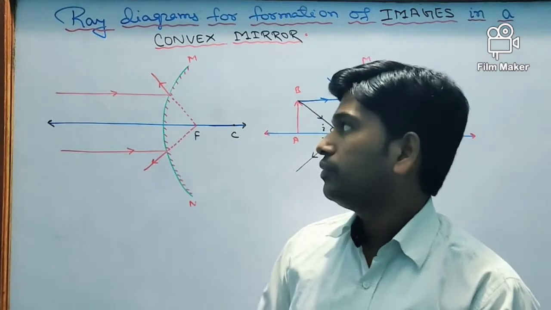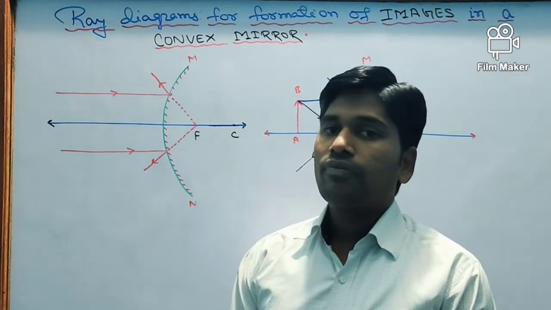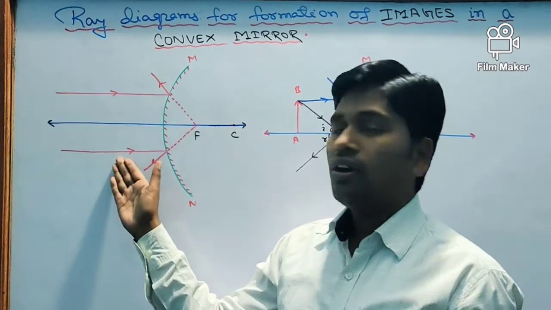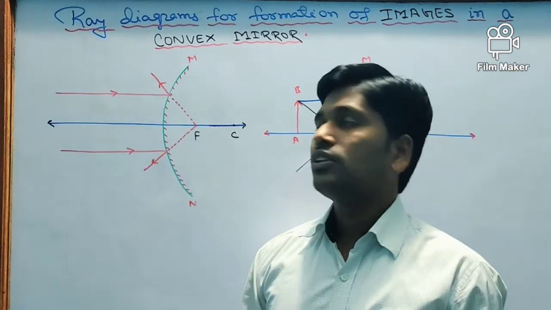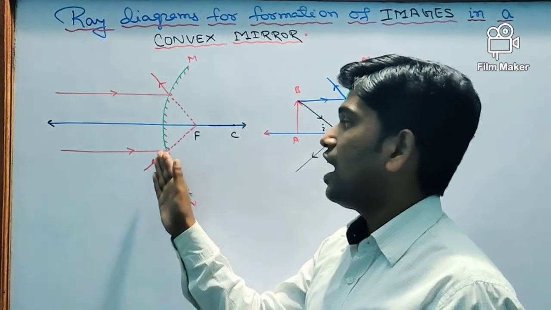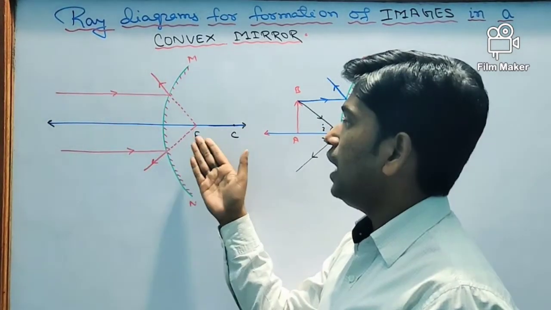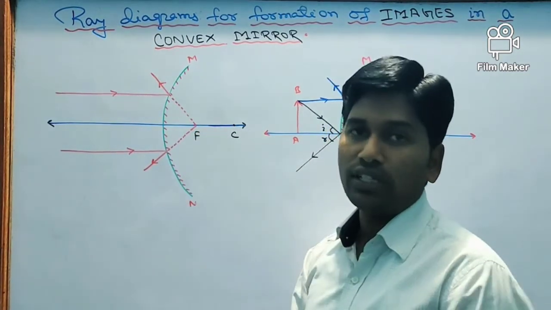The first one, when the object is at infinity, then the incident rays seem to be parallel to the principal axis. When the rays are parallel to the principal axis, after reflection they diverge and appear to diverge from the focus.